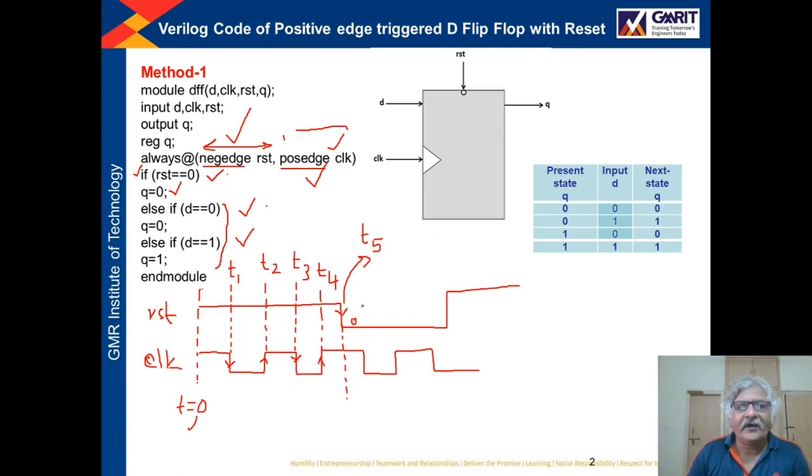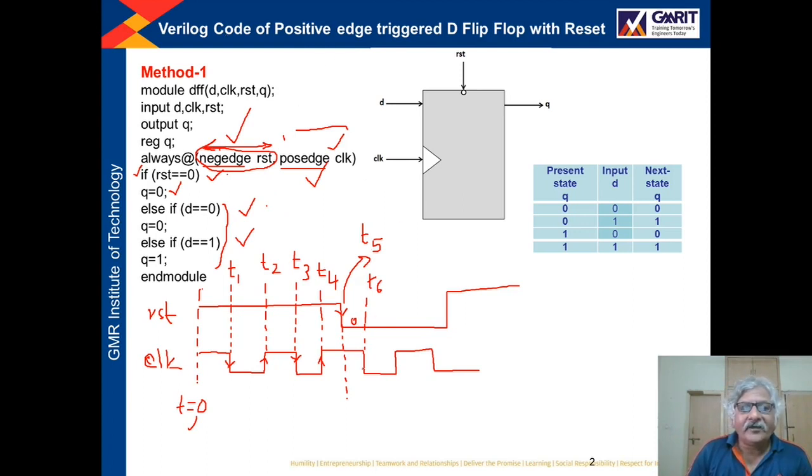Now you see at time T6, RST is 0. So negedge RST will not detect any event. It will detect an event only if the RST signal is going from high to low. Otherwise it will not detect, because we have written negedge.